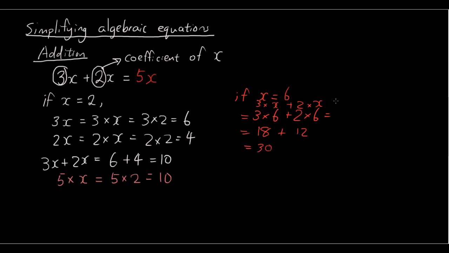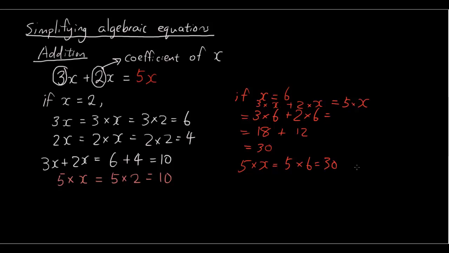Now 3 times x plus 2 times x is 5 times x, using our general rule that when you are adding two terms, you add the coefficient in front of x. So 5 times x is 5 times 6, which is 30.